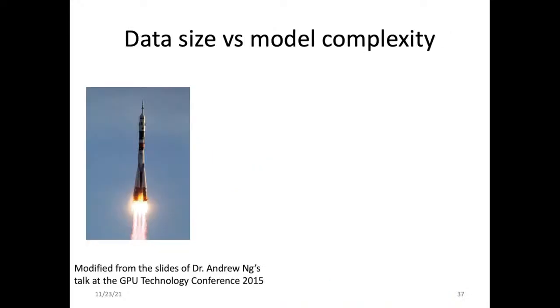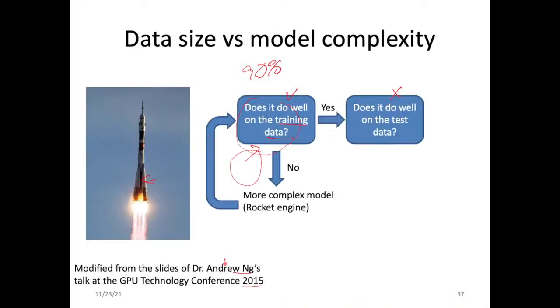That's why he said that you should repeat these two steps until you have good performance on the training data and good performance on the test data. But this scenario is sort of like in the industry, where perhaps you could collect more data as the training data. But if you are, for example, participating in a Kaggle competition, then you usually cannot obtain more labeled data as your training data.